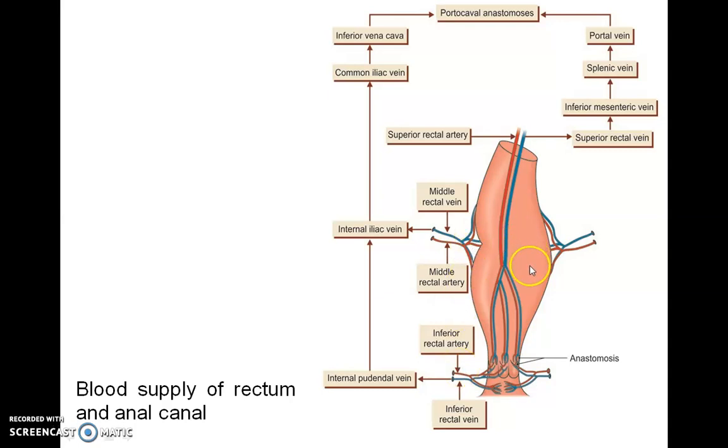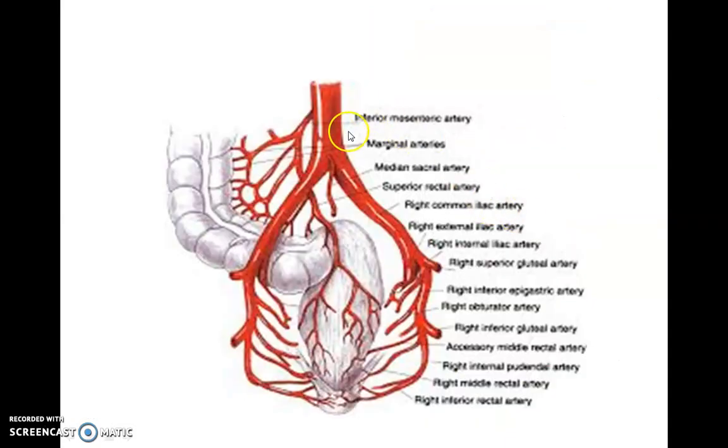Superior rectal artery, which is the major supply to the rectum, when it descends over the rectum, it divides into right and left branches. Again, the right and left branches divide into anterior and posterior branches.